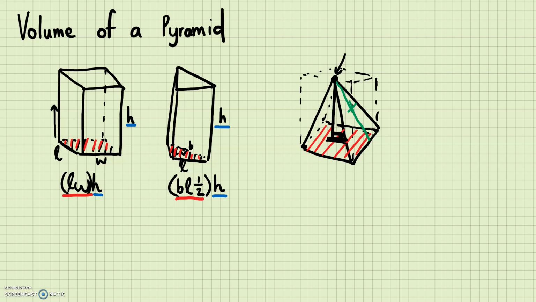So this is analogous to this situation, and this is a 3-dimensional expression. In 2 dimensions, if you have a base, and if you had a height, remember the height was perpendicular to the base.